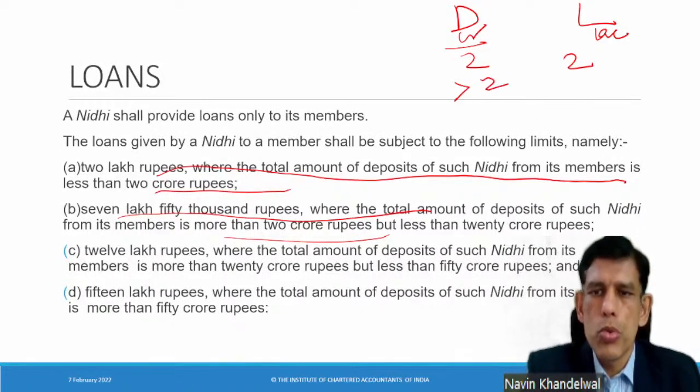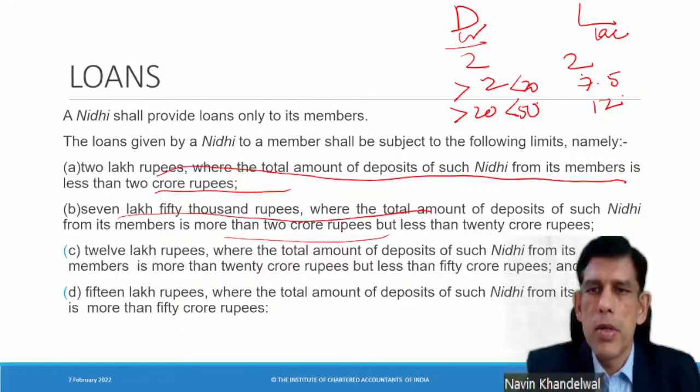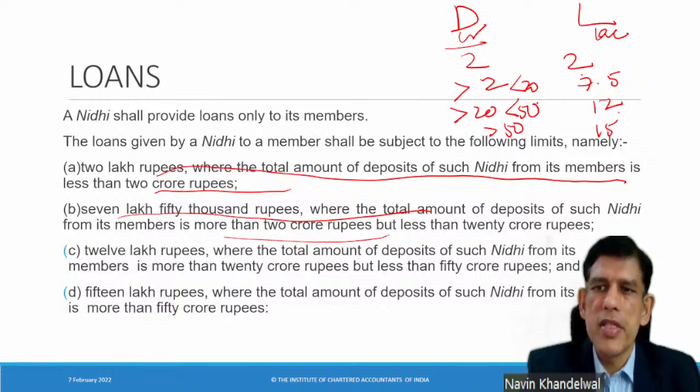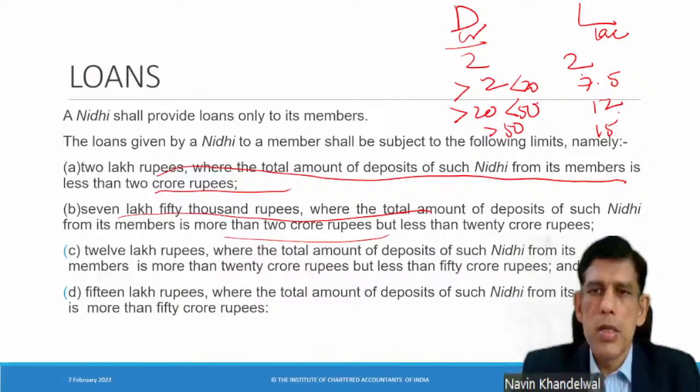More than 2, less than 20, 7.5. More than 20, less than 50, 12. More than 50, 50. This is the slab which you have to remember. So deposit is in crores and loan is in lakhs.